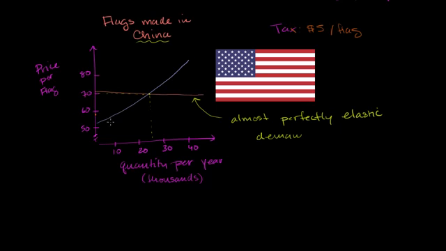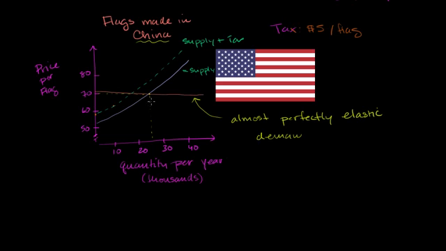At any given point, we're going to add $5 to essentially what the consumer would have to pay. So you would have a curve that looks something like this. This dotted line right over there is our supply plus tax. This right over here was just our supply.